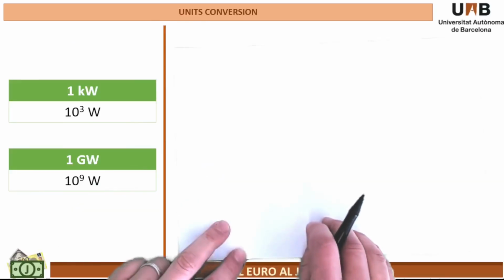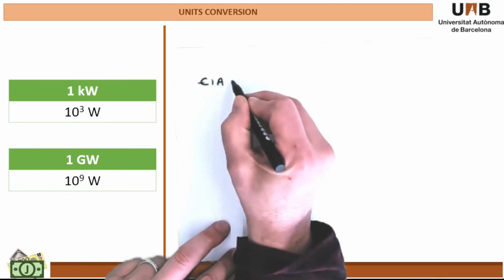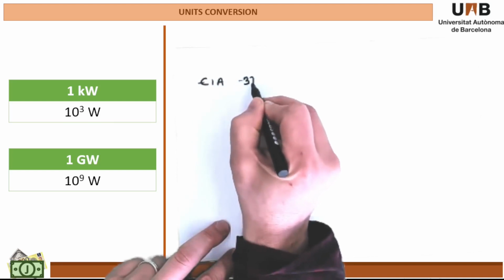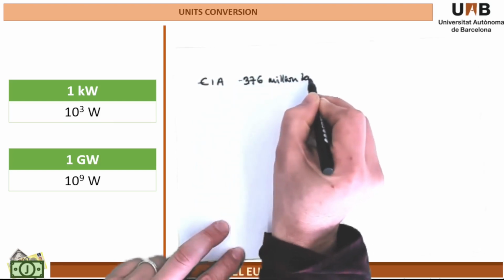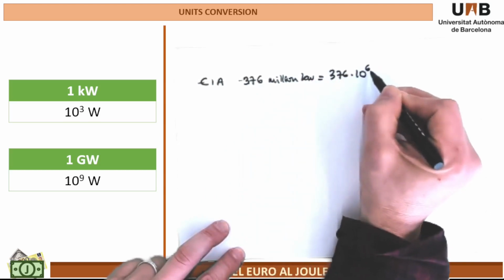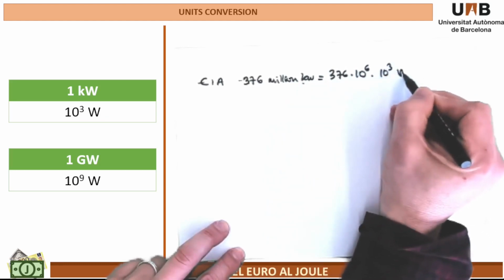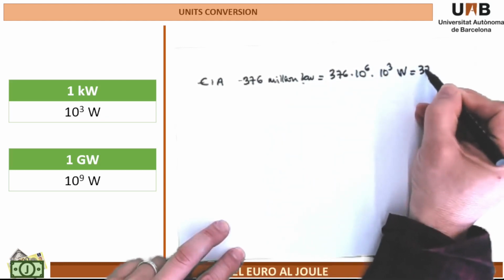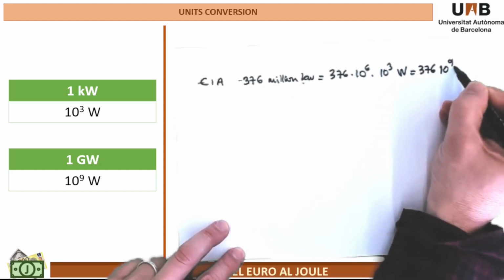Okay, once again we see that 376 million kilowatt is 376 10 to the 6 kilo 10 to the 3 watts, 376 10 to the 9 watts.